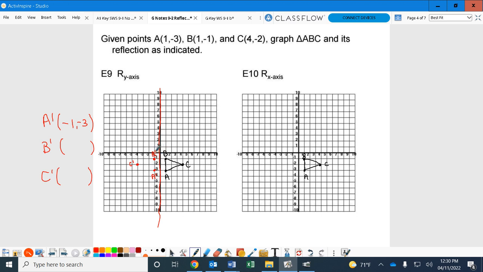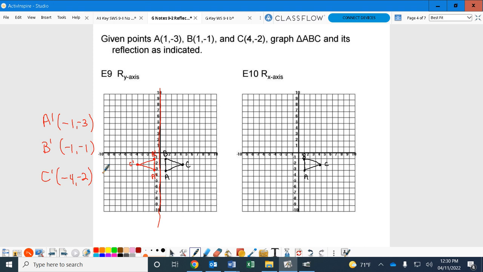B would be in the same line, so it's going to be at -1 again, but you only go down how much? 1. So -1, -1 for B prime. And then C, that last point that we're going to be looking at, that C right here is going to go all the way over to -4 and then down 2. So -4, -2. Very good. Okay. Questions, concerns, anything about that process?